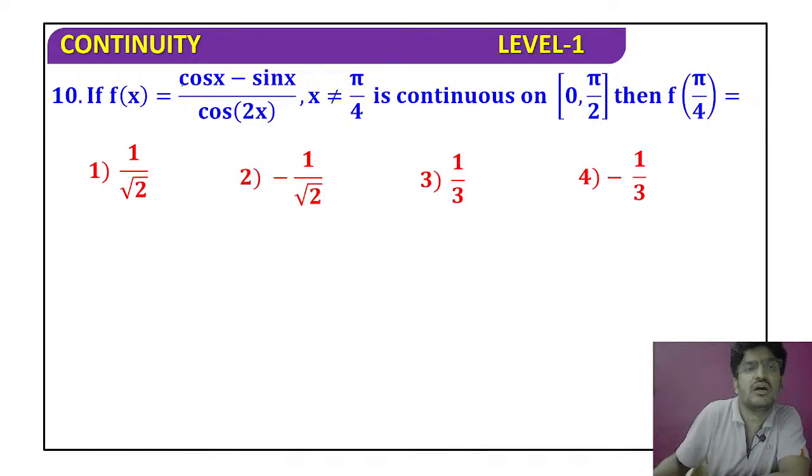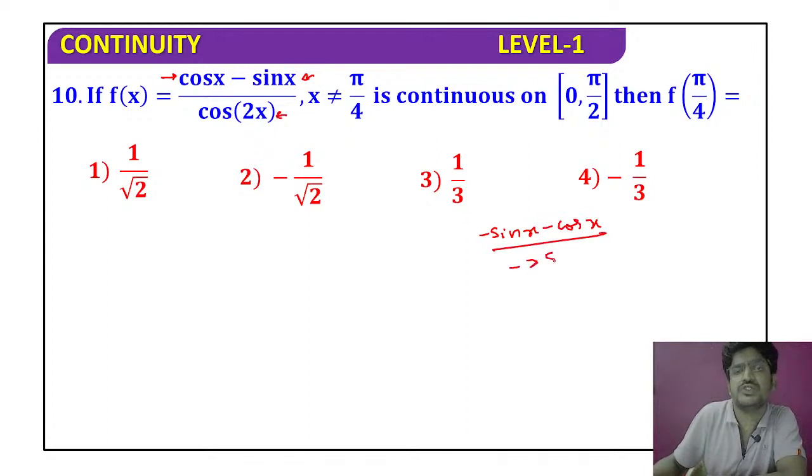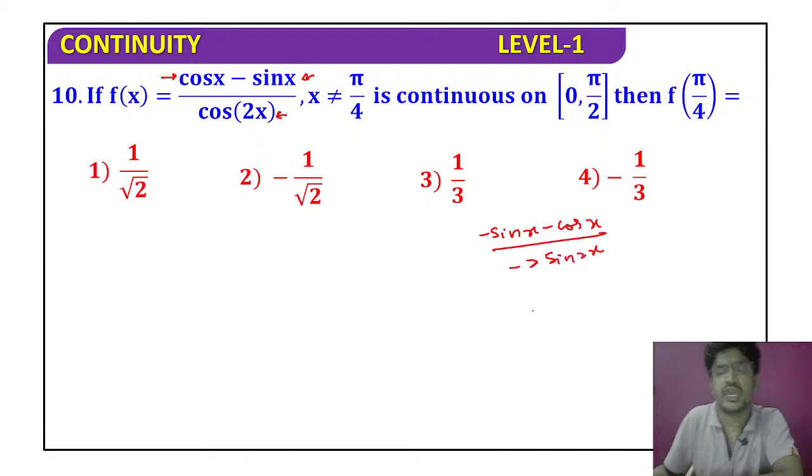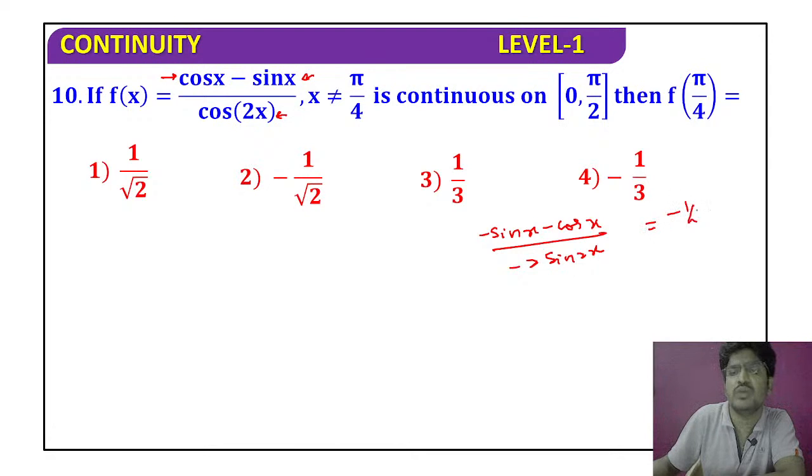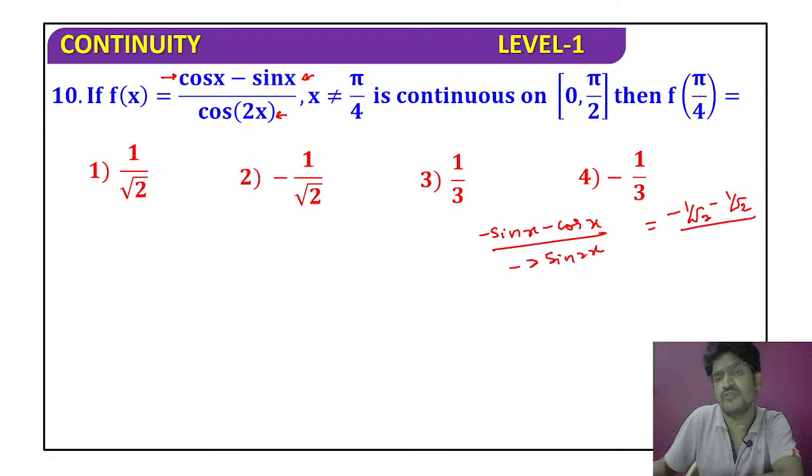So see here, differentiate this: minus sin x; differentiate this: cos x; differentiate this: minus 2 sin 2x. Okay, so you just apply x equal to pi by 4, that will be 1 by root 2, 1 by root 2. Here you apply pi by 4, it will become pi by 2, sin pi by 2 is 1, minus 2.